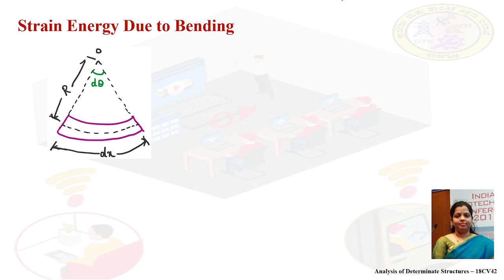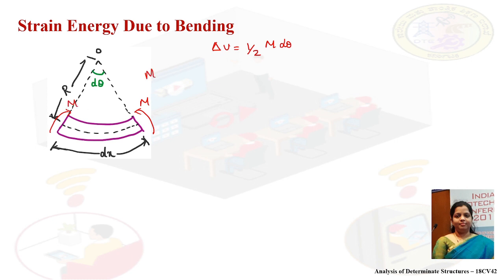The strain energy stored in the element is given by delta U is equal to half, since we are considering the moment here, so the force will be moment into the deformation d theta. The moment occurring in the element is in this pattern.